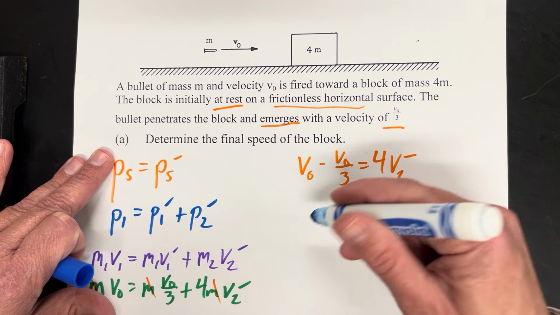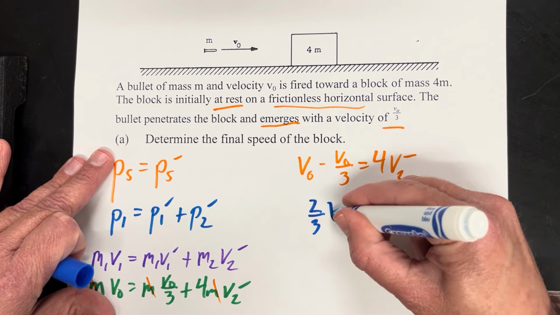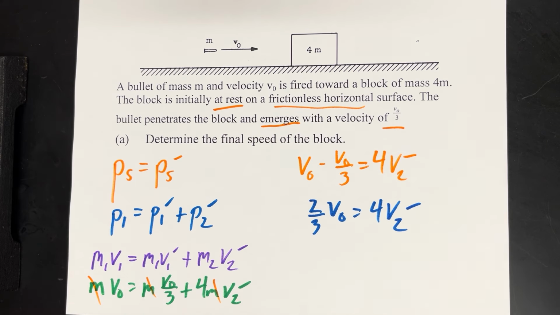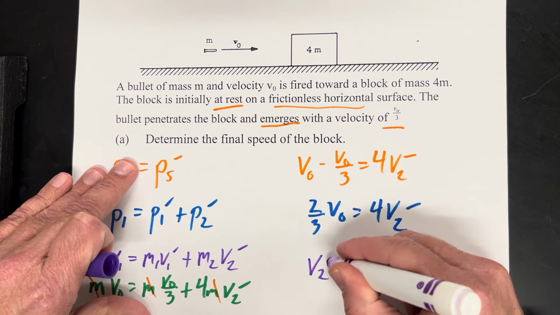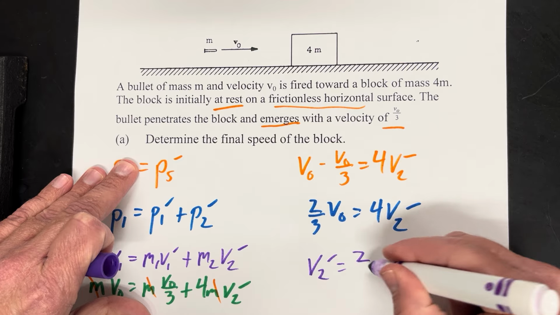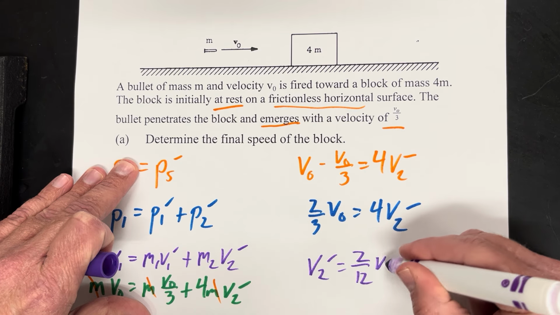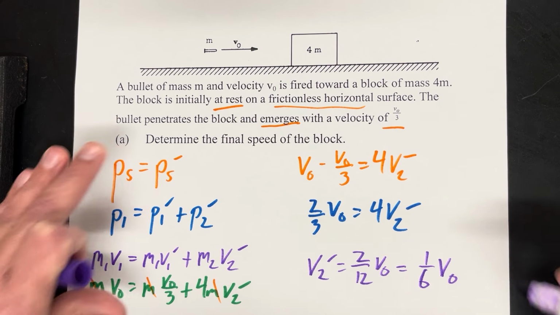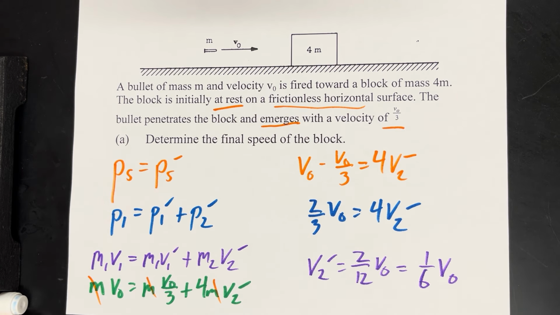So 3/3 minus 1/3 is 2/3 v0, equal to 4v2 prime. Now all we have to do is divide by 4 on each side, and we get v2 prime equal to 2/12 v0, or simplified, 1/6 v0. So the block will have 1/6 of the original velocity of the bullet.